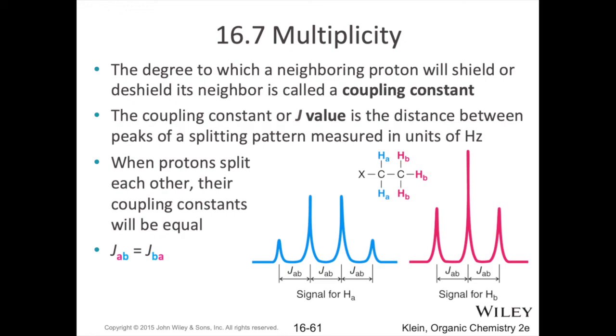So in this case, if we had multiple triplets or quartets, and you wanted to figure out which triplet belonged to hydrogen B or which quartet belonged to hydrogen A, you could just find the pair of a triplet and quartet that had the same coupling constant. You could measure that coupling constant using the program that gives you the spectra, your NMR spectra.